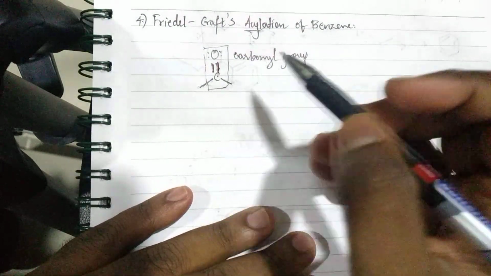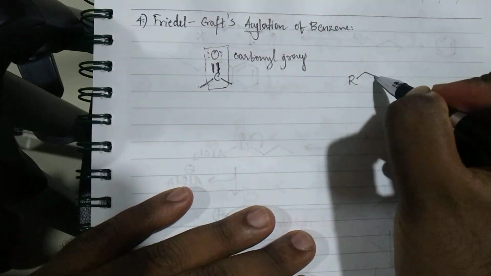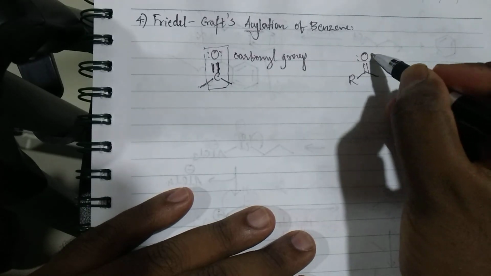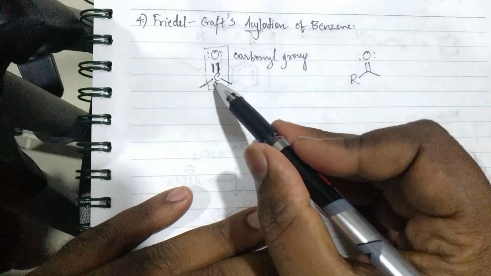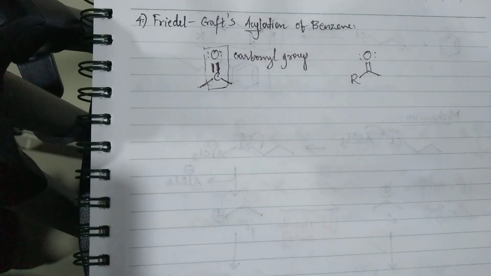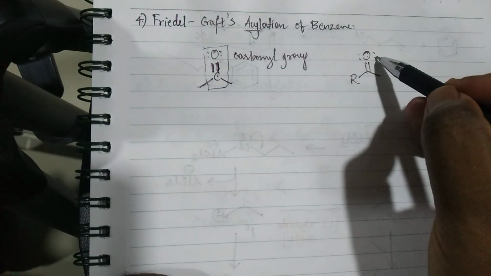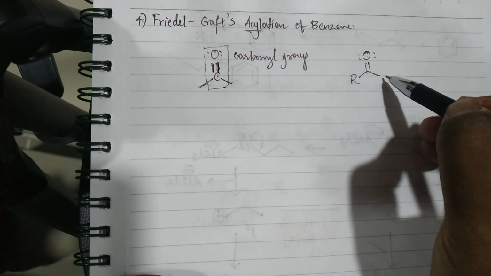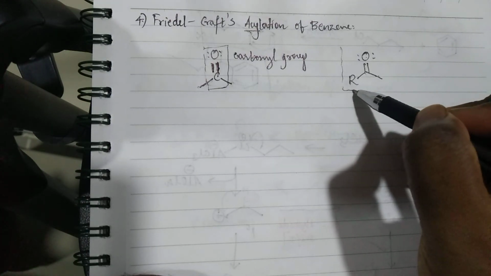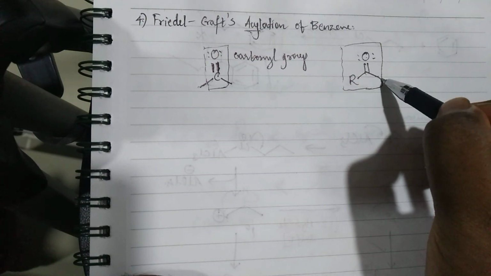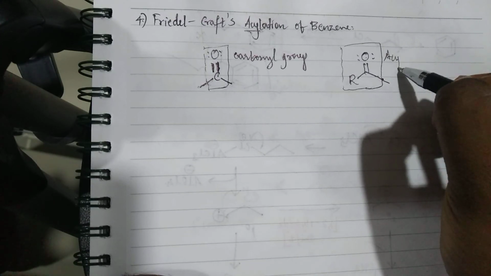Now if one of the ends is attached to an alkyl group, this C I have depicted in the form of a corner here. If it is attached to an alkyl group, then this entire group is what we call the acyl group.